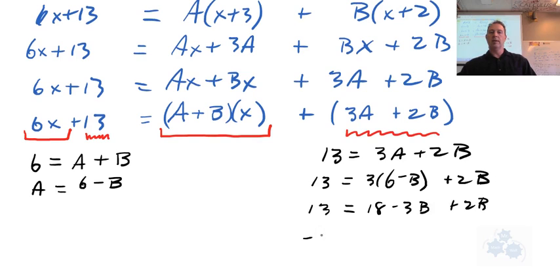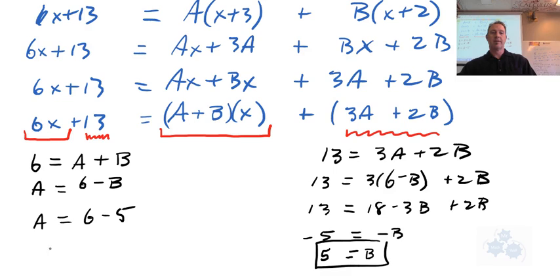Subtract the 18, we get negative 5. Negative 3 plus 2 is negative b. So b equals 5. And then, of course, a equals 1.